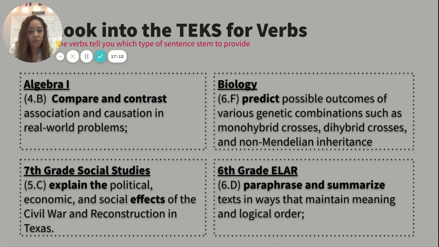Choose one of them, maybe based on what you teach, your subject area, your content area, and then look at the verbs and the key words that have been bolded here. Next, we're going to use pages 49 through 56 in our Sheltered Instruction in Texas book to select a sentence stem that would be appropriate for any part of the lesson where students are being asked to produce language, either speaking or writing.